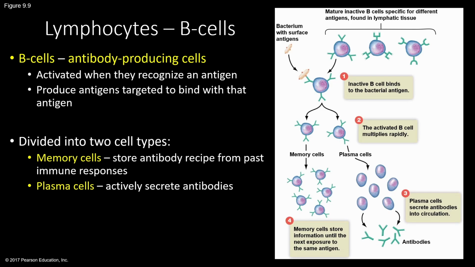So, for example, if you've had measles before, or more likely, you've had the vaccine for measles, you are walking around with these memory B cells that remember the recipe for an antibody that binds to a specific antigen on the measles virus.